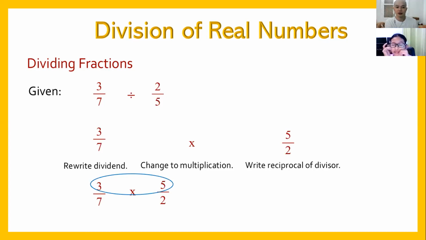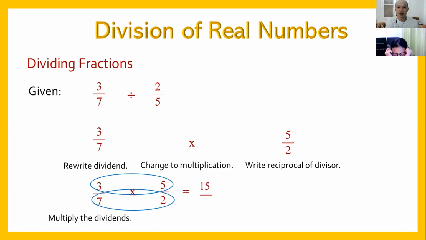So multiply the numerators, and then multiply the denominators. It's wrong here, it should be denominators. So you have 3 times 5, 15, and then 7 times 2, that will be 14. Is it clear, Crystal? That's already the answer, 15 over 14.